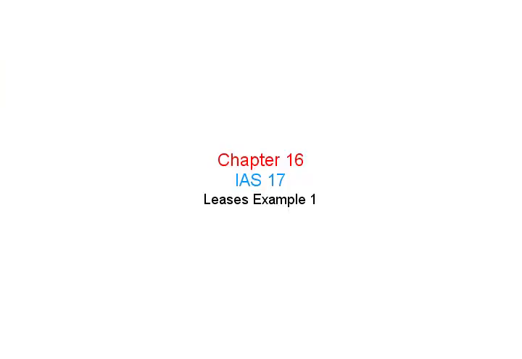Look at example 117. Example 1: Sergius acquires an asset on the 1st of January, which had a fair value of 17.5, and he bought it on a lease, the terms of which are that he pays a deposit of 460, followed by 7 annual installments of 3.5, payable in arrears.